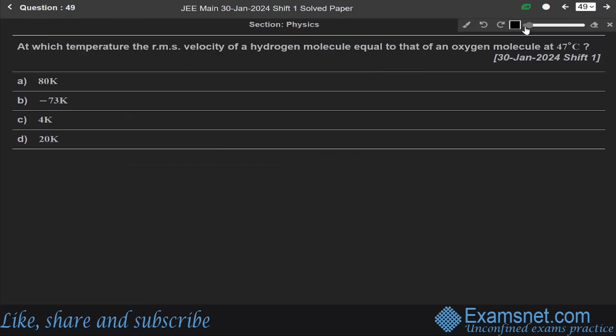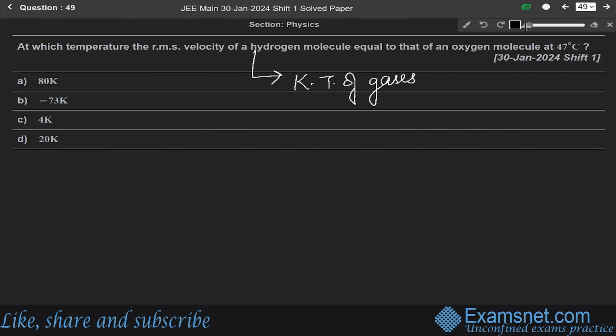Now next question 49. At which temperature will the RMS velocity of a hydrogen molecule equal that of oxygen molecules at 47 degrees Celsius? This question is from the chapter of kinetic theory of gases. According to this question, we have to find the RMS velocity.